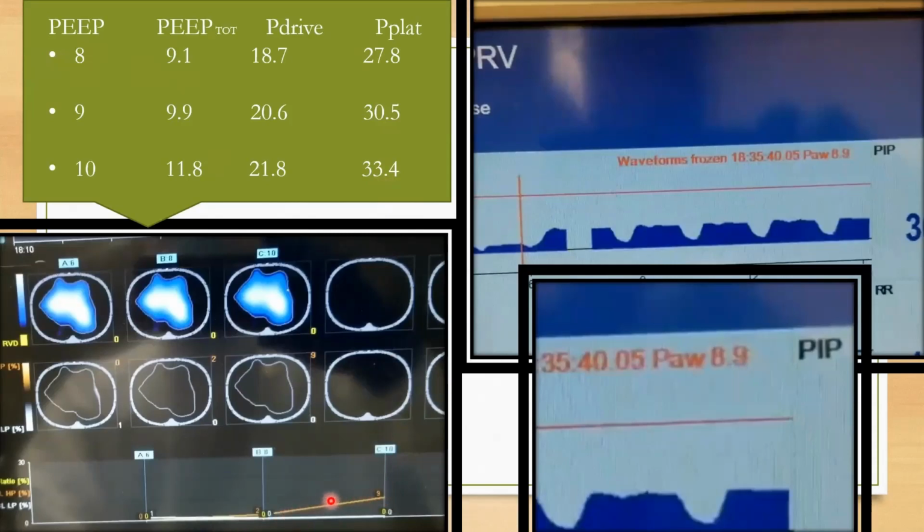So the optimal PEEP is 8 with an intrinsic PEEP of 9.1. And when you use APRV and trap 75% of the peak expiratory flow, you usually get a very stable alveolar recruitment. And quite often after doing this over and over and over again, not all the time, but it often lands really, really close, the P low, to the optimal PEEP. And we see it's 8.9 here with the measured expiratory pause.